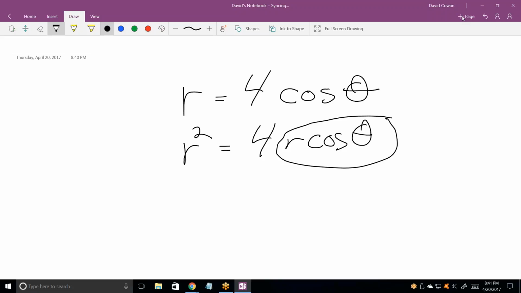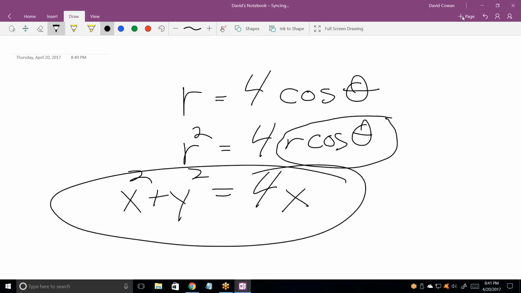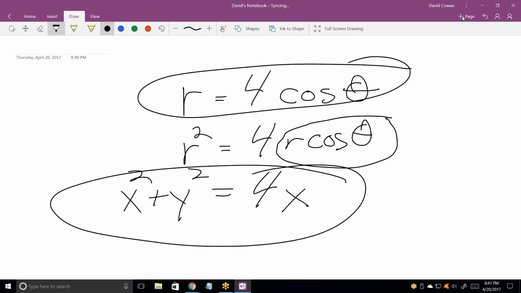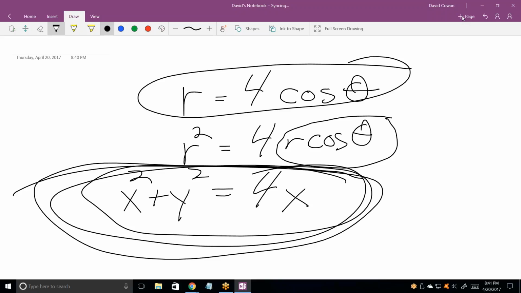Now, that's equal to x, and this over here is x squared plus y squared, so I end up with this. Then you'd move the 4x over to get x squared plus y squared minus 4x equals 0. But I've taken a polar equation and changed it into a rectangular equation.